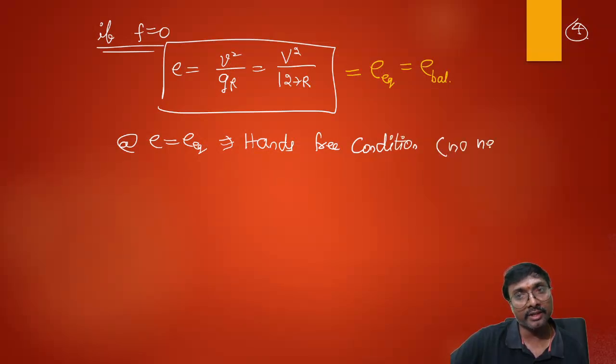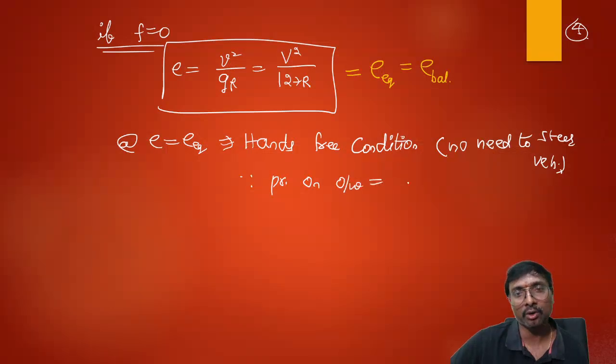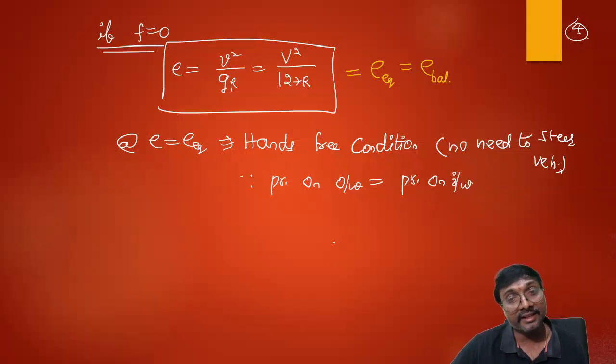The vehicle takes the turn automatically. Why is it happening like that? Since the pressure or reaction on the outer wheel will be equal to the pressure or load on the inner wheel at this equilibrium super elevation condition.